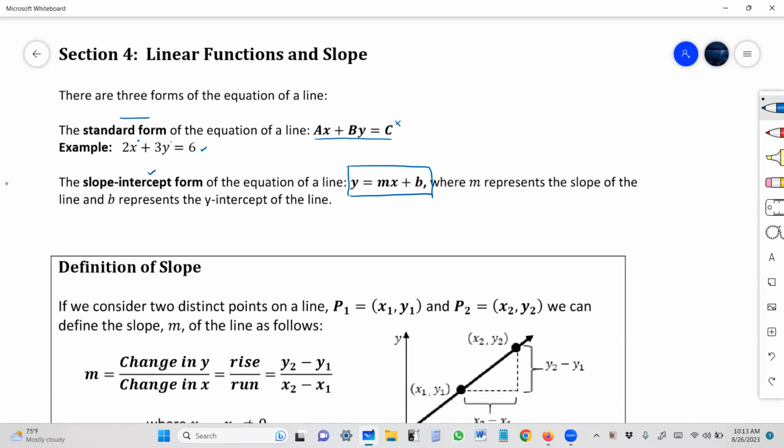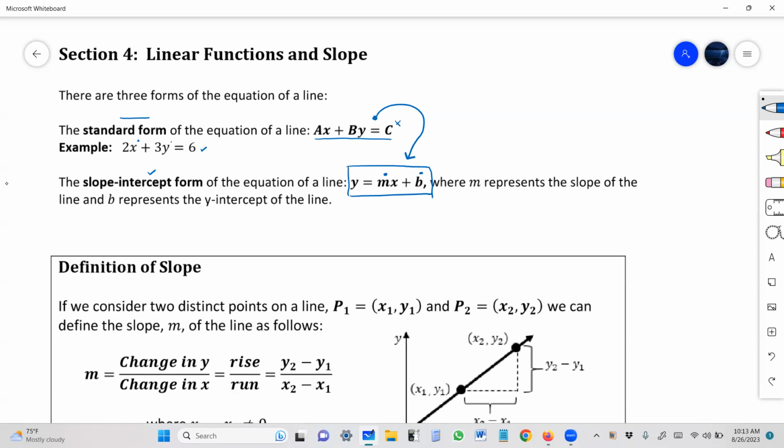Now, when the equation is in this form, and I am going to show you how to go from the standard form to the slope-intercept form, the m represents the slope of the line, and we're going to discuss it shortly. This is the inclination of the line with respect to the x-axis, and this value b represents the y-intercept, where the graph crosses the y-axis.